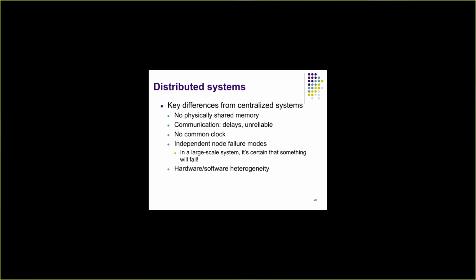Okay, and unlike centralized systems, the communication is unreliable. So there could be some delays when you want to communicate with other nodes. There will be delays in distributed systems, and there is no common clock. So that means synchronization becomes hard, especially synchronization with respect to time, because the time could be different on different nodes.